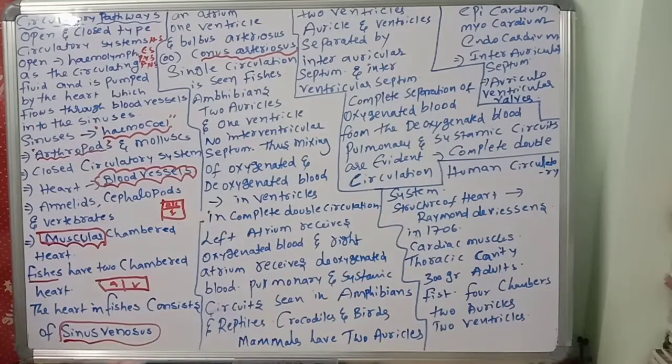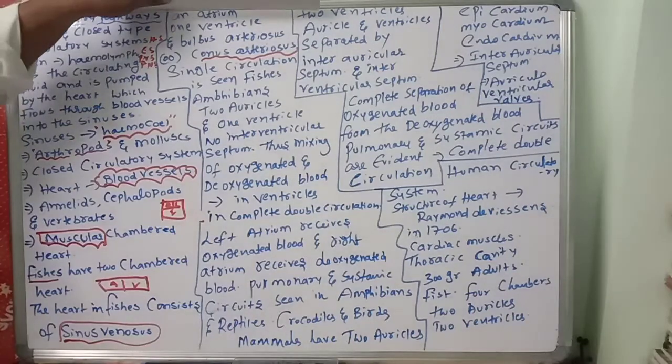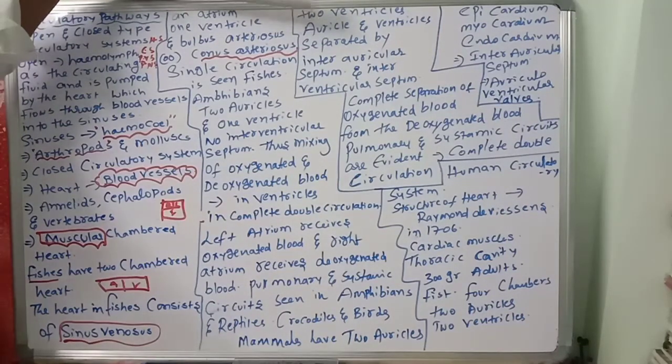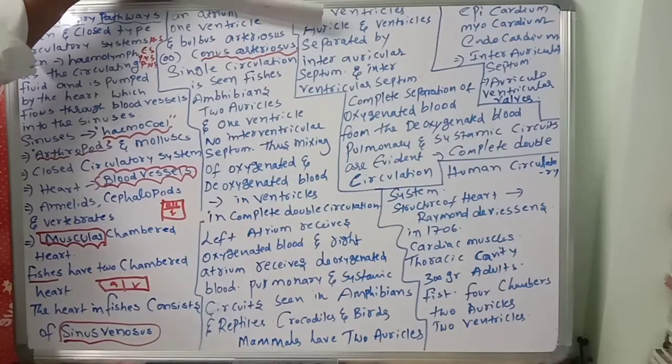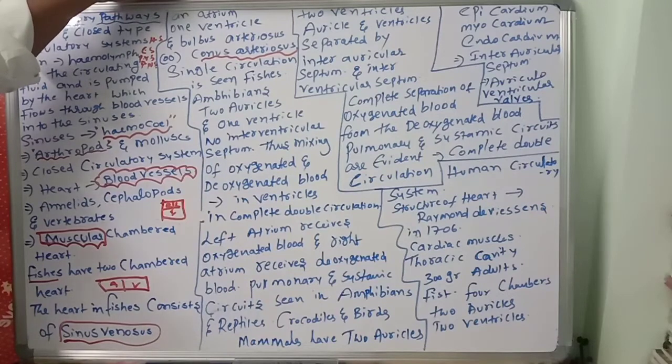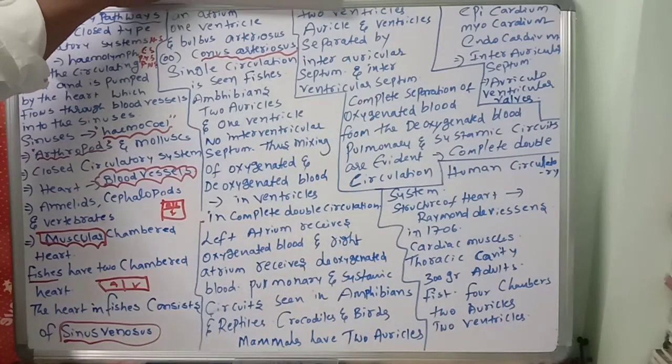Mammals have two auricles and two ventricles, so there is no problem in mammals. Auricles are separated by the interauricular septum, ventricles by the interventricular septum, and auricles and ventricles by the auriculoventricular septum.